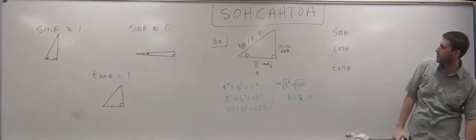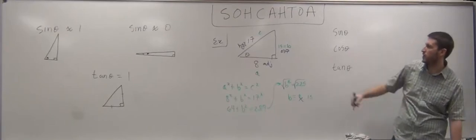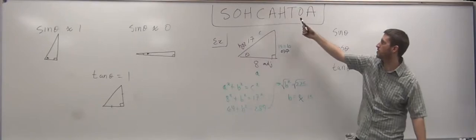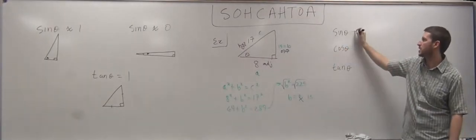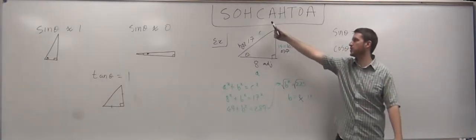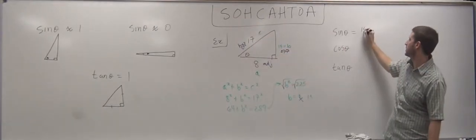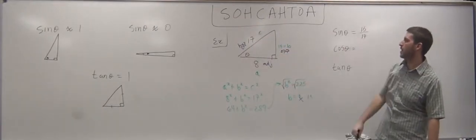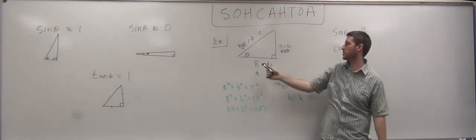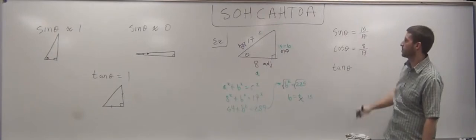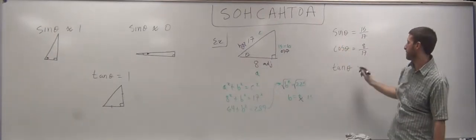All right, these are the standard 3 trig functions. Sine is opposite over hypotenuse, cosine is adjacent over hypotenuse, tangent is opposite over adjacent. So when I fill these out, I'm just going to do what I'm told to do here: opposite over hypotenuse, 15 over 17. Adjacent over hypotenuse, 8 over 17. Opposite over adjacent.